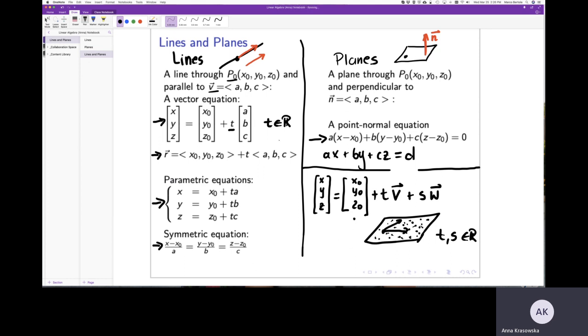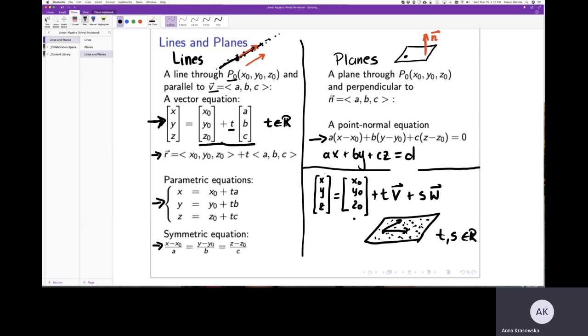The same way for a line. Okay, I will talk again about the vector equation of the line. We have an initial point, and then by changing the value for t times ABC, we will generate all the points on the line.